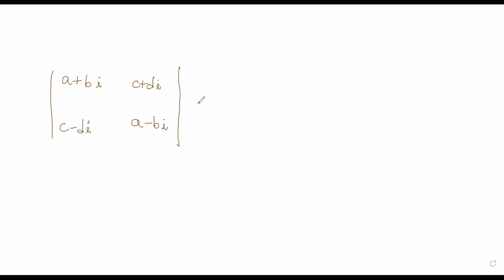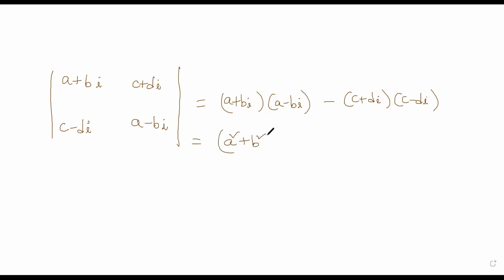So this is what we had to solve: A plus Bi into A minus Bi, minus of C plus Di into C minus Di. A plus Bi into A minus Bi is actually A square plus B square. And C plus Di into C minus Di happens to be C square plus D square. That's the answer.